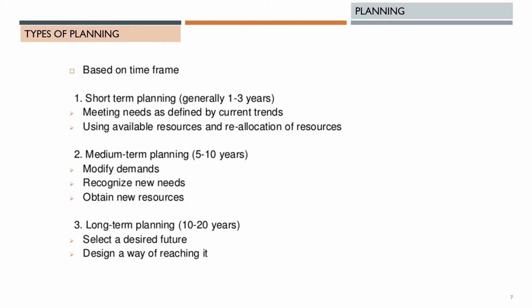Then number two, we have medium-term planning, which is about 5 to 10 years. It modifies demands, recognizes new needs, and obtains new resources. And then we have long-term planning, which is more than 10 years, in which we select a desired future and design a way of reaching it.